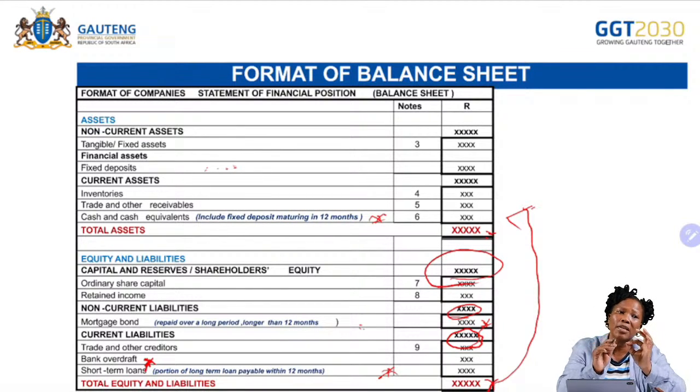Okay, I'm going to take you back now to our bank overdraft. I was saying to you that it must be disclosed all the time. Remember that there are many parties that are interested in your finances. Therefore, you must always declare, disclose. You shouldn't hide your bank balance from potential investors, people who want to buy shares from the company. You can't also hide this from the trade unions.